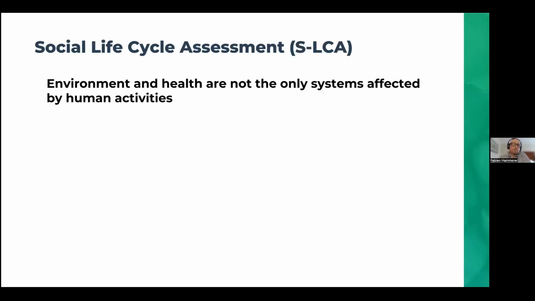Another derivation from life cycle assessment is the social life cycle assessment, SLCA. That stems from the observation that the environment and health are not the only systems affected by human activities, but it's not only what we do, it's also how we do things and how workers, communities and stakeholders across the board are affected by human activities.